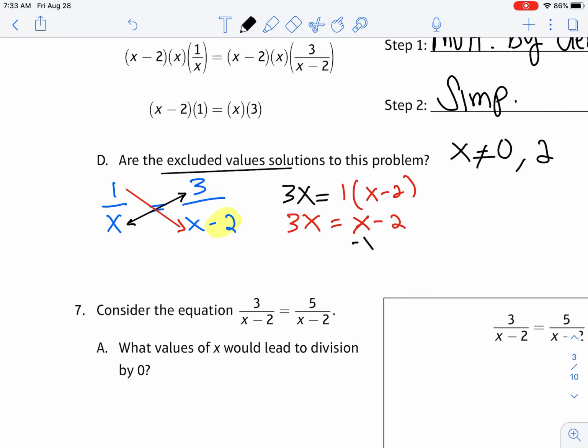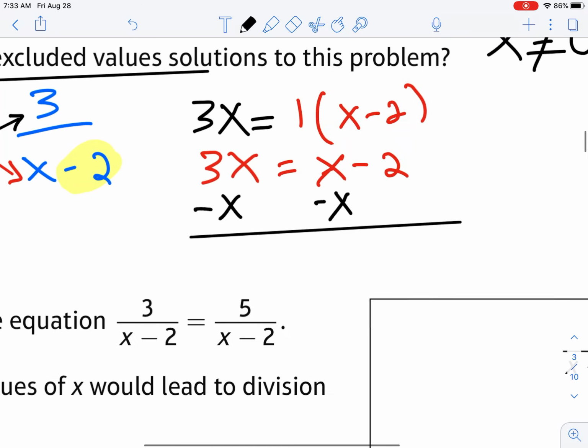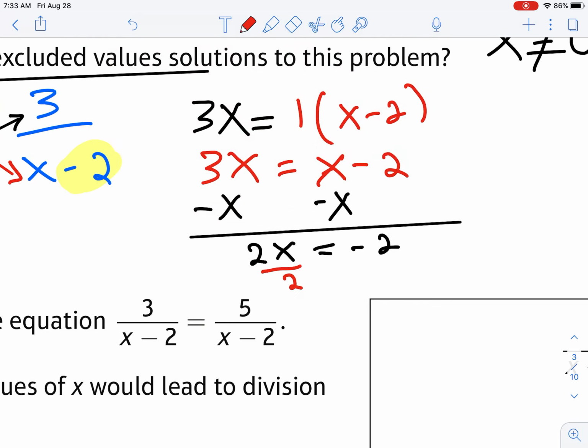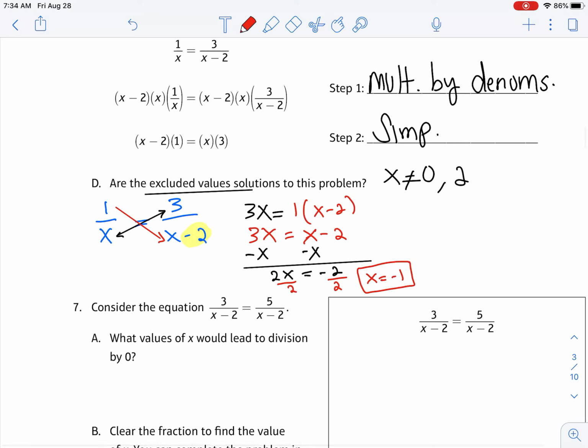So now we're going to go ahead and subtract x from each side to get 3x minus 1x is 2x, which equals negative 2. Now divide both sides by 2 to get x equals a negative 1. All right, so in this example, our solution is x equals negative 1.